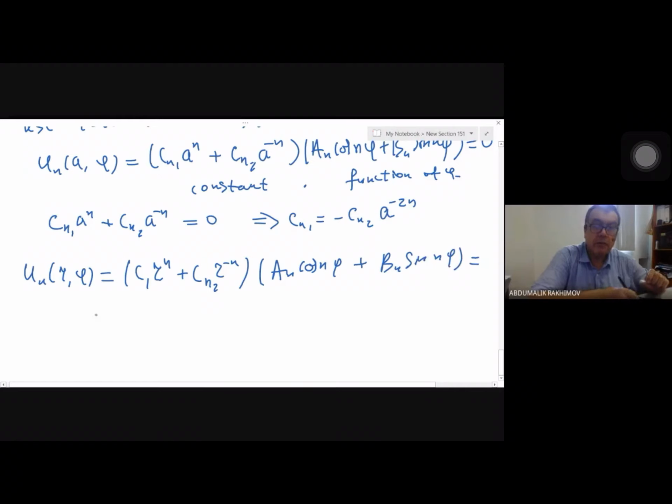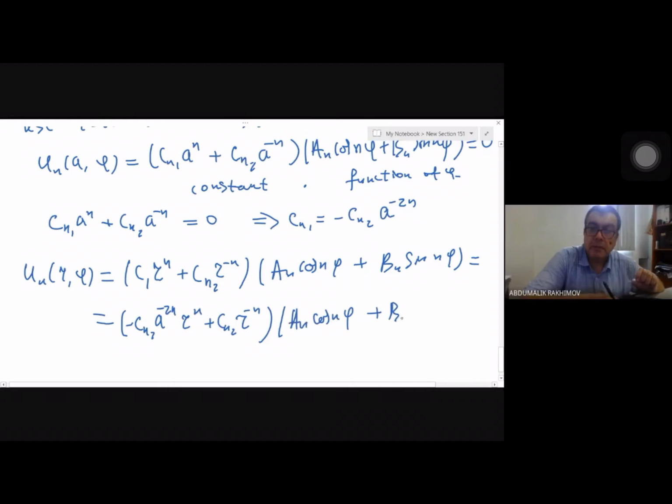Now I will substitute C1 equal to this. If I substitute here, Cn1 is equal to this, you will have minus Cn2 A power minus 2n Rn plus Cn2 R minus n, times An cosine n phi plus Bn sine n phi equal.